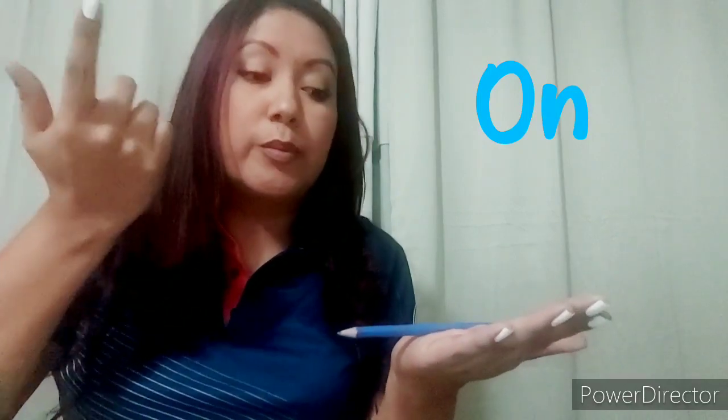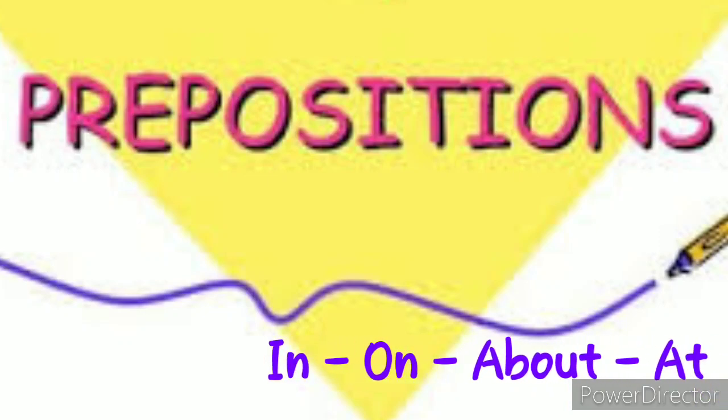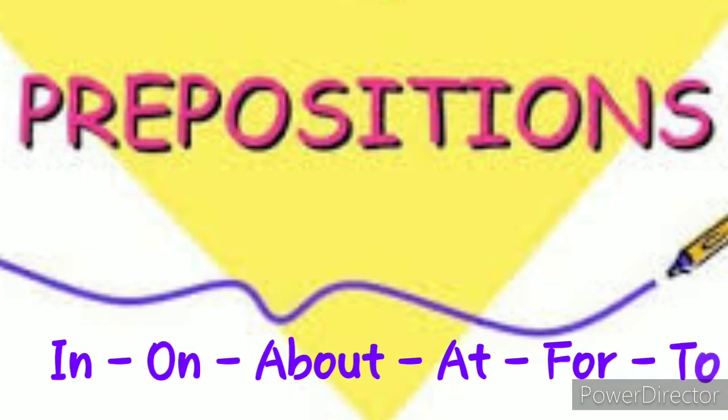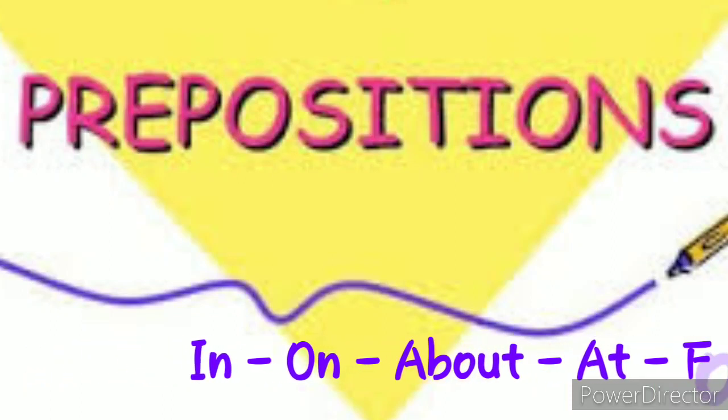You would be using that so you could understand a little bit more of the location of a pencil, in this case. Now, we do have different types of prepositions. We have prepositions, as I said before, of place, but we also have of time. Well, we have prepositions such as in, on, about, at, for, to, and so much more.